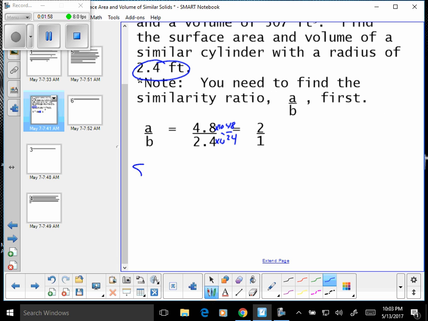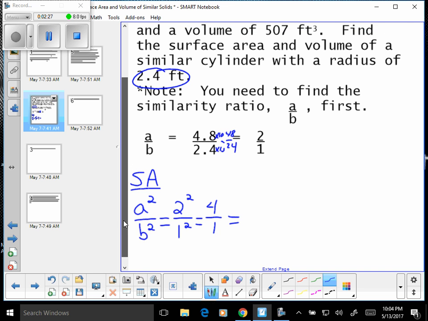Now, the first thing they tell me they want to find is surface area. Now remember, area is square units, so I'm going to take A squared over B squared. In this case, it's going to be 2 squared over 1 squared, or 2 times 2 is 4, and 1 times 1 is 1. That is going to give me the known part of a proportion.